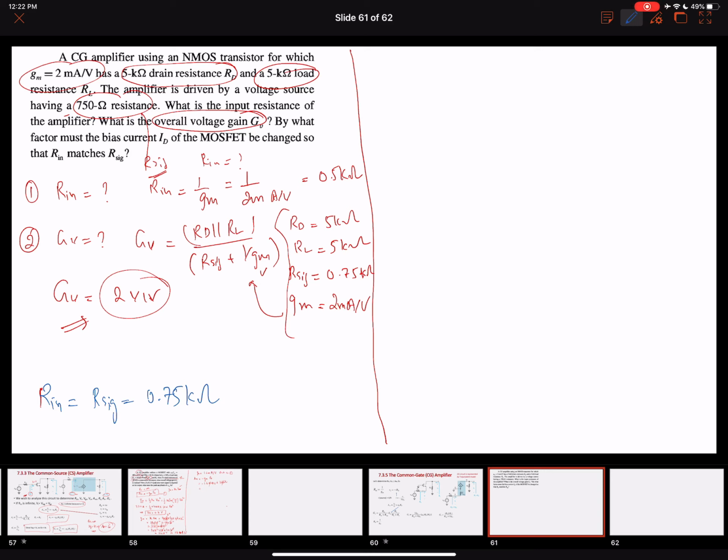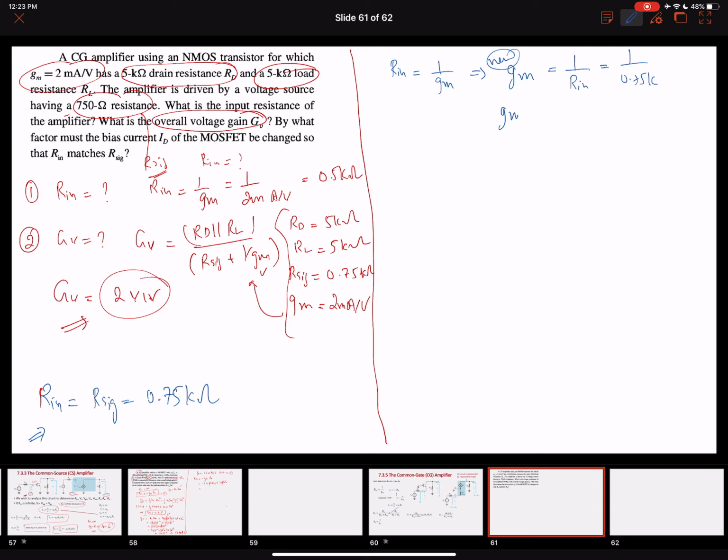Okay, so in order to have this value, what needs to be done? This means I'm going to have a new value of GM as well. Rn is equal to 1 over GM. So the new value of GM, represented over here in blue, would be equal to 1 over the new value of Rn, which is 1 over 0.75k.